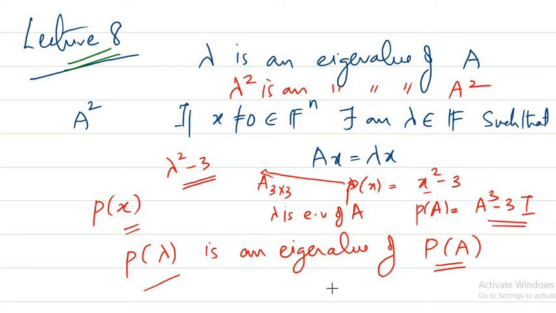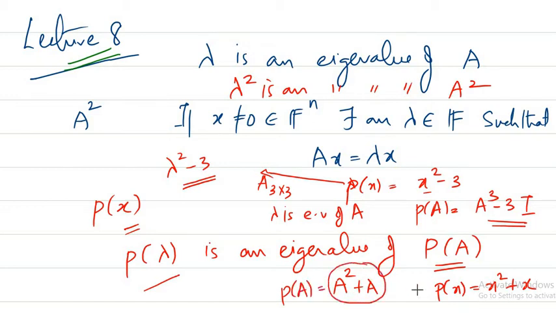So if lambda is an eigenvalue of A, suppose I ask you what is the eigenvalue of A square plus A. You can see there is a polynomial here: P of X is x square plus x, and this is the corresponding P of A. If lambda is an eigenvalue of A, then P of lambda, that is lambda square plus lambda, is an eigenvalue of P of A. I hope it's clear.